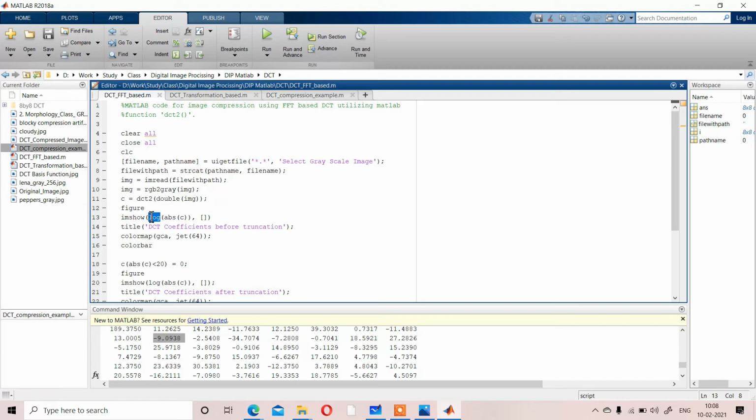In the log format, you have to display the image coefficients. So if we display abs of C, or the absolute value of C, that will define the DCT2 of the input image. And DCT2 of the input image means that will show the discrete cosine transform coefficients without truncation, means here we are not cancelling any values.